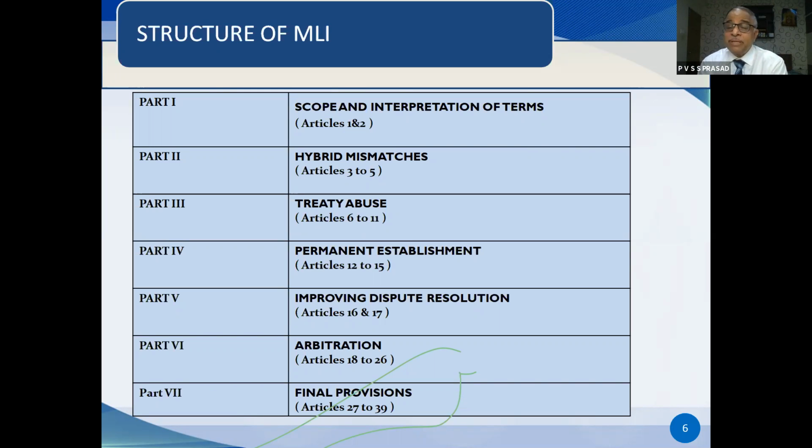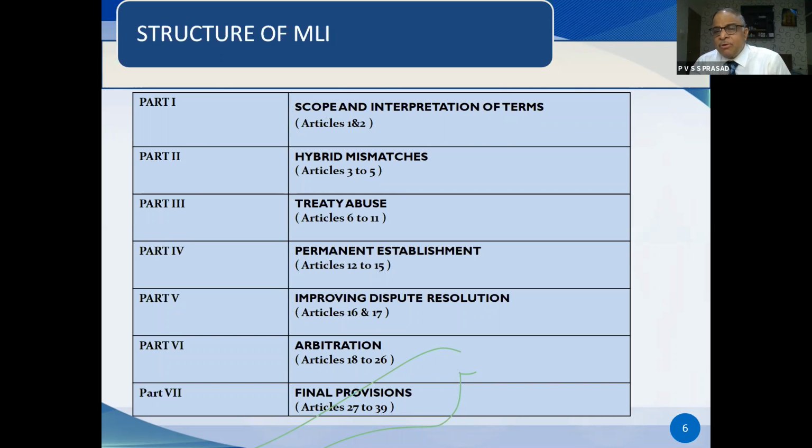Arbitration would be taken up by third country authorities. Suppose it's an India-UK dispute, it would be taken up by US authorities or some third party who has been agreed upon and appointed as an arbitrator by both the countries.